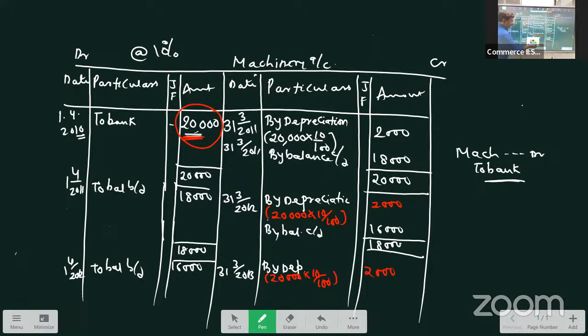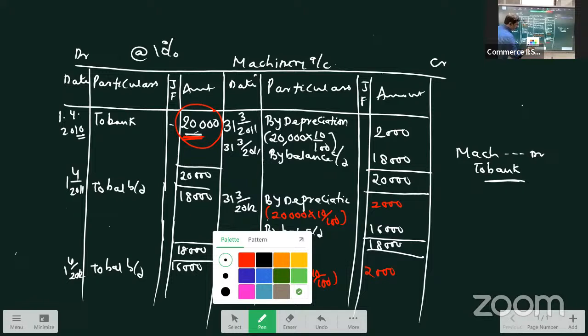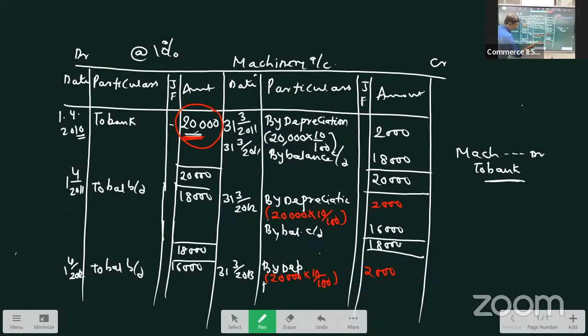Okay, so what will be the written down value now? By balance carried down. What is the debit side total? 16,000. Okay, 16 minus 2, it is 14,000. This is how we have closed the machinery account for 3 years.